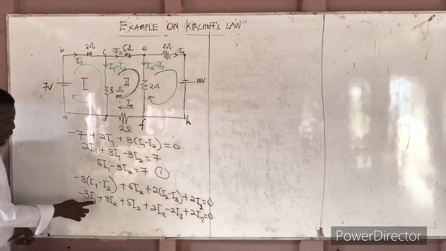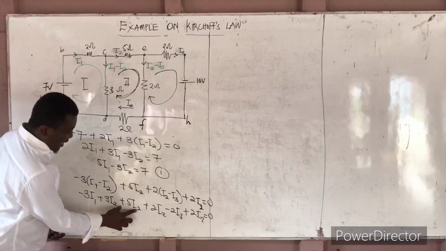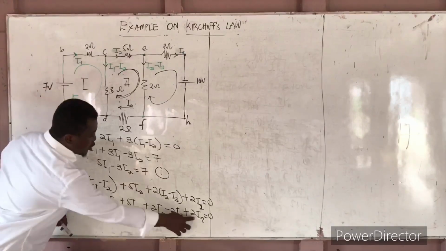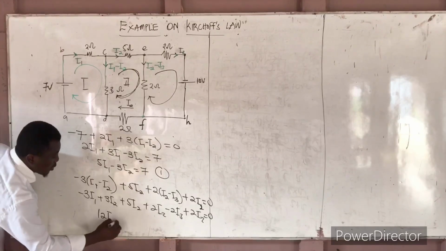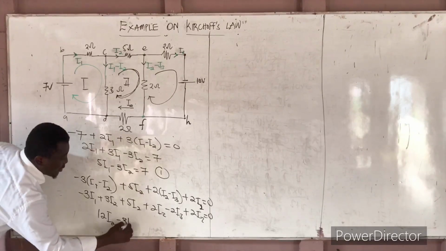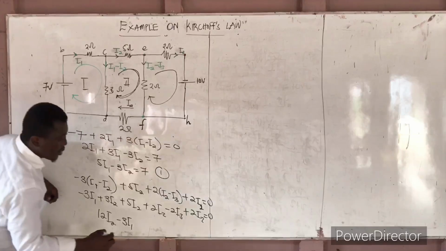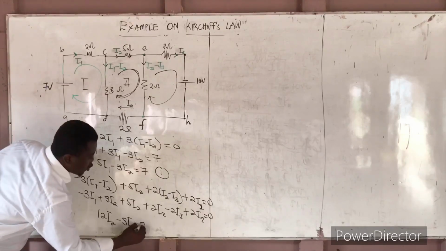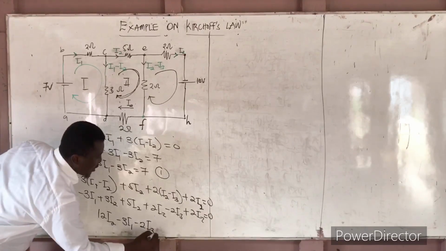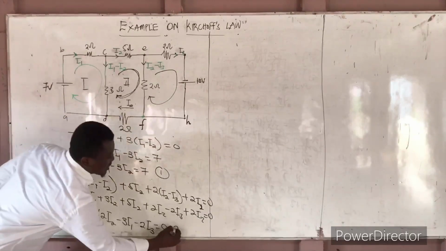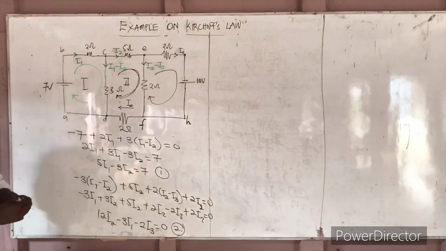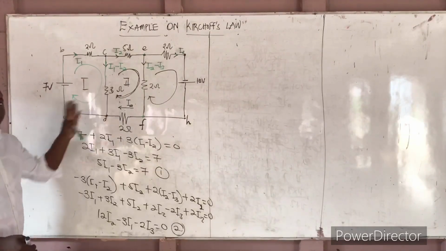So 3 plus 5 plus 2 plus 2 gives 12. We have 12I2 minus 3I1 minus 2I3, and this is equal to 0. So this becomes our second equation. We are done with loop 1 and loop 2.